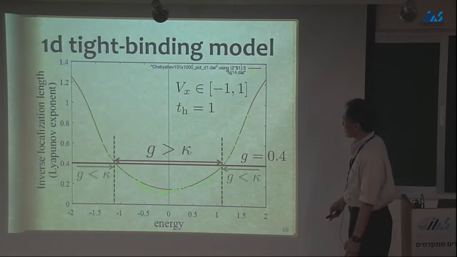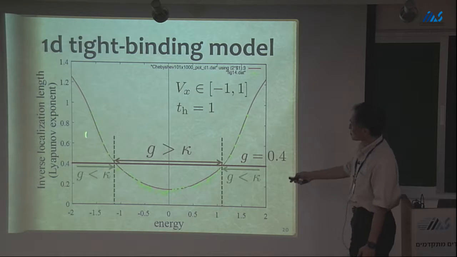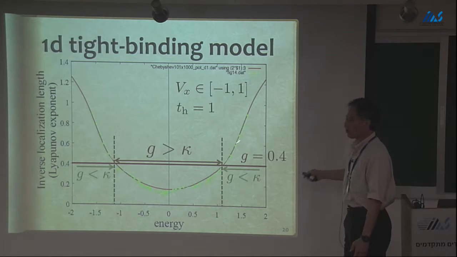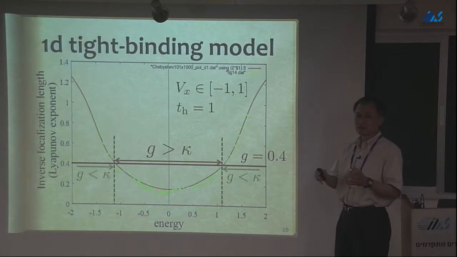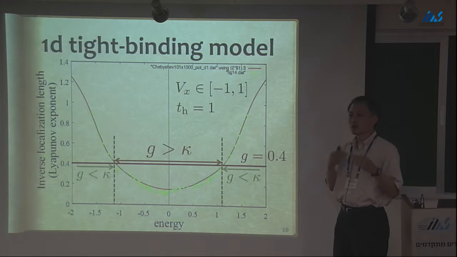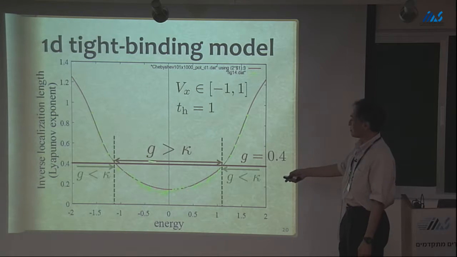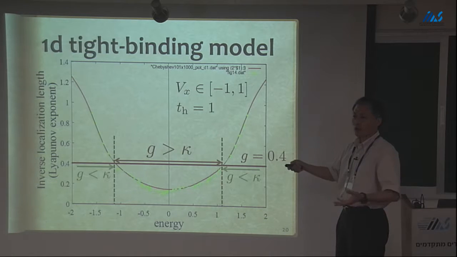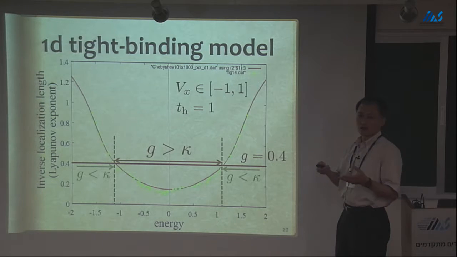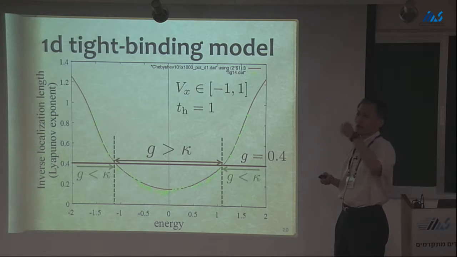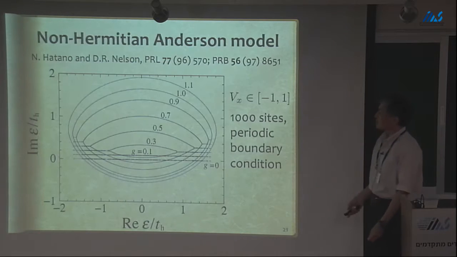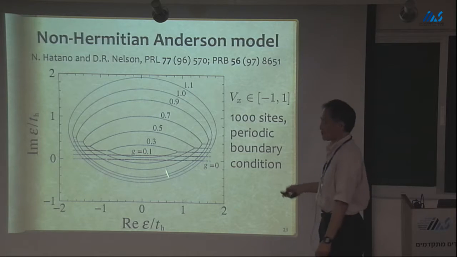For these states, because of the imaginary gauge transformation, the eigenvalues stay real and the same. But for these states, that imaginary gauge transformation collapses and something new happens. And indeed, what happens is the transition from real eigenvalues to complex eigenvalues. So that's why we have this kind of spectra.